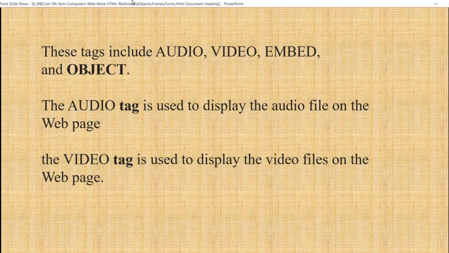These tags include audio, video, embed, and object. Why do we use the audio tag and video tag? The audio tag is used to display an audio file in a web page. If we want to display a video file on a web page, then we use the video tag.